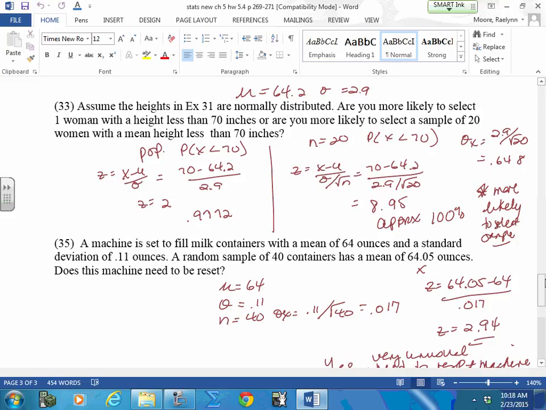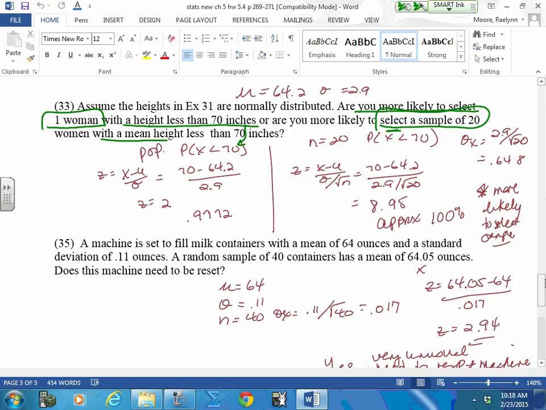So if I choose one from the population, and this is the difference, everybody look up here. Are you more likely to select one woman at random with a height less than 70, this is your population, or are you more likely to select a sample with a mean height, and that should say X bar, less than 70?